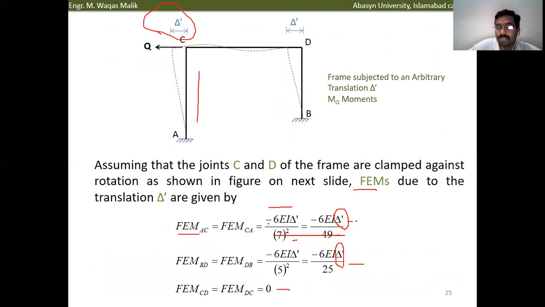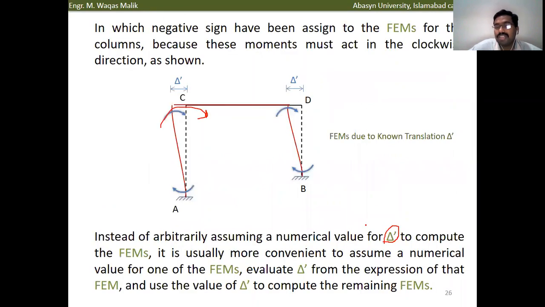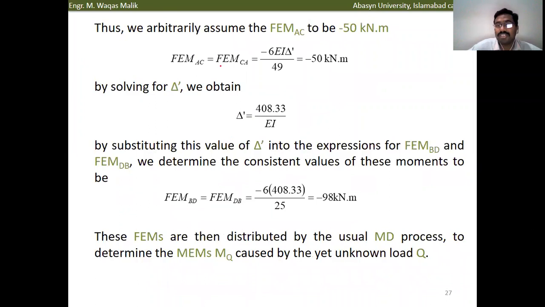Either we assume the value of delta prime and find out the values of the fixed end moments, or we assume the values of the fixed end moments and find out the respective delta prime value. So in this case, we are going to follow the second approach, in which we assume the fixed end moment for member AC to be 50 kilonewton meters.